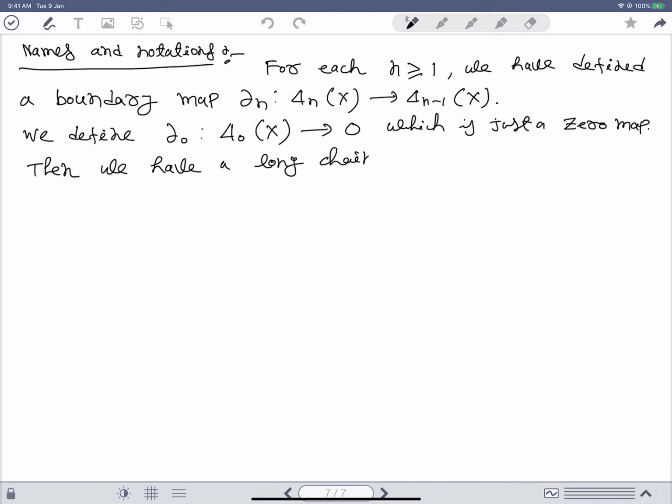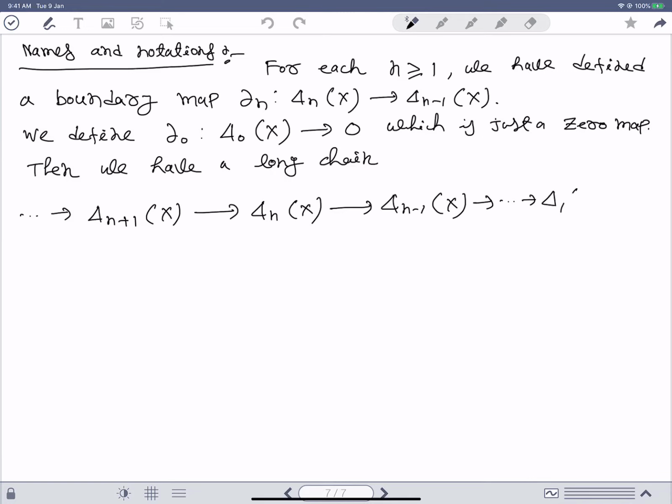Then we have a long chain. So this way, delta n plus 1 to del n, delta n, or you can write x, right? Okay, so this is my del n plus 1, this is my del n.